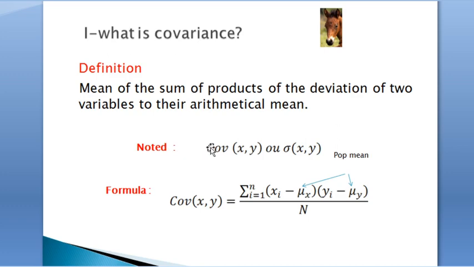It is noted covariance xy or sigma xy with the following formula, where xi and yi represent respectively the observation or trait or parameter x and y, and mu x and mu y their respective means, n being the population size.